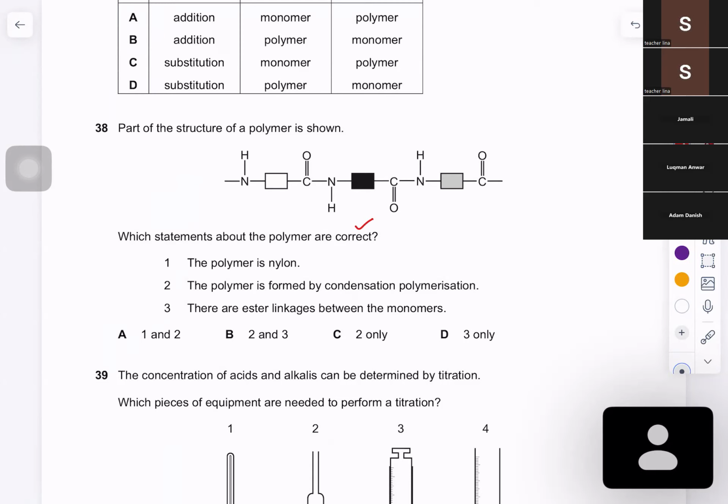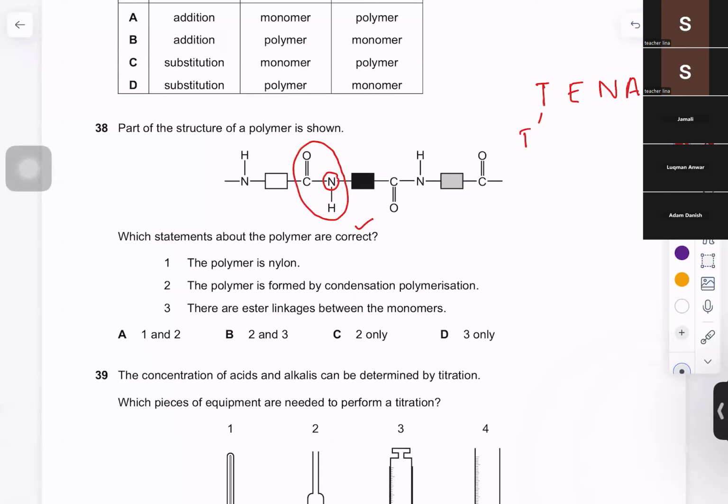Okay, so now, if you see the nitrogen here, ni linkage of this one.